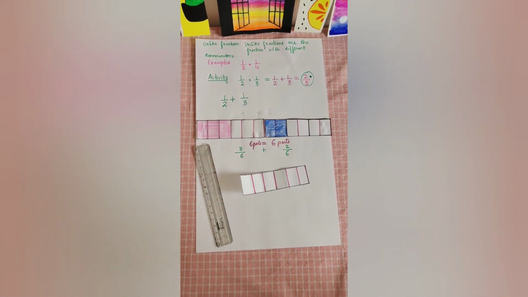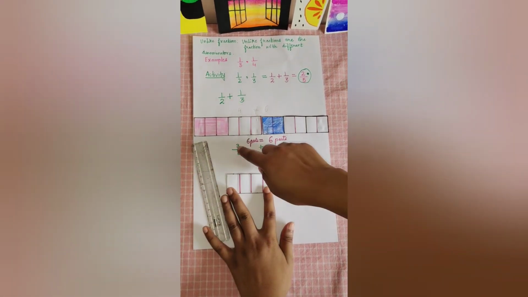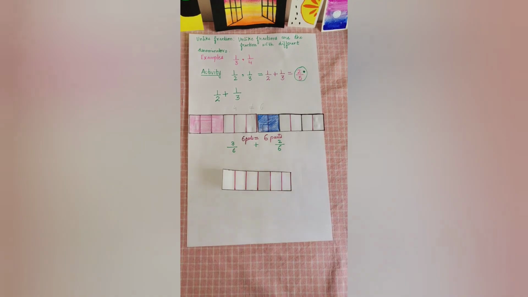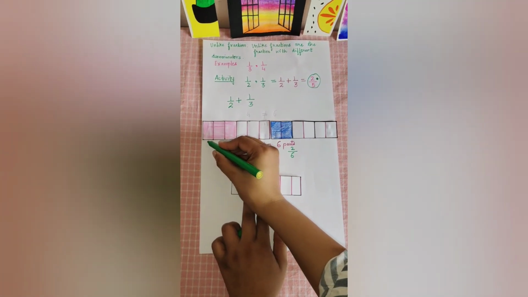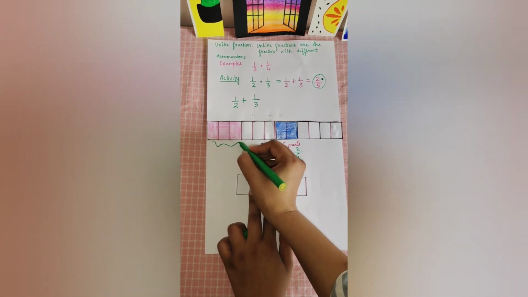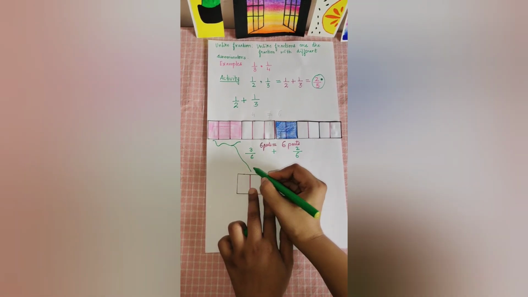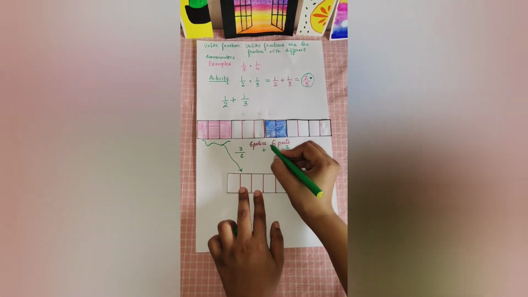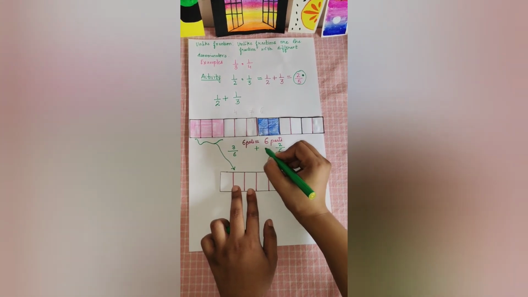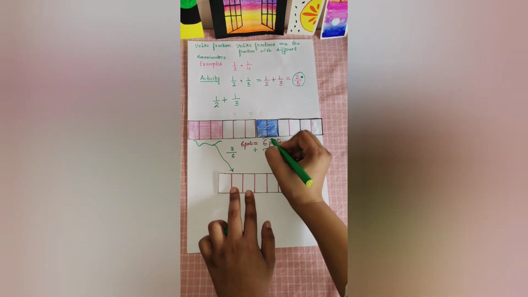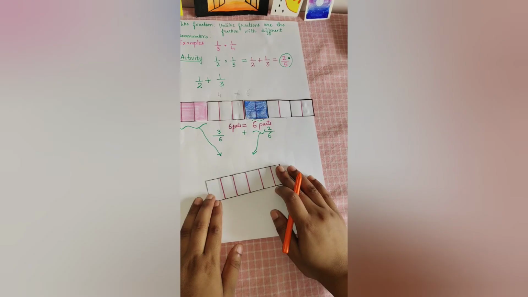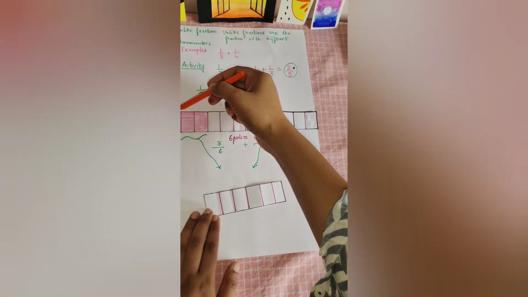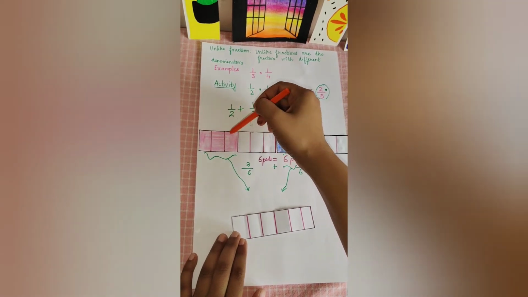Now I am going to show the 3 equal parts. We have got 3 equal parts from here. 1 2 and 3. We are going to represent it here, and 2 equal parts of this one, these 2 shaded over here. Let's see the total. Children, I'm going to represent these 3, 1 2 3 over here.